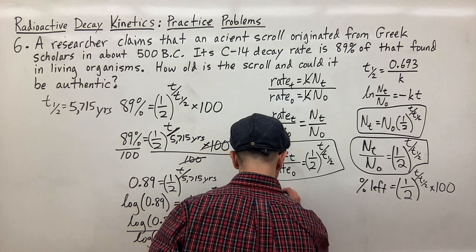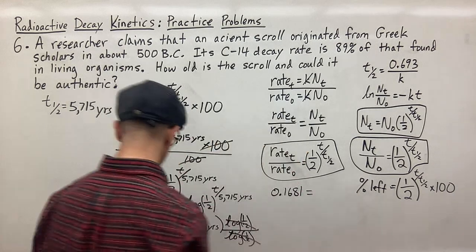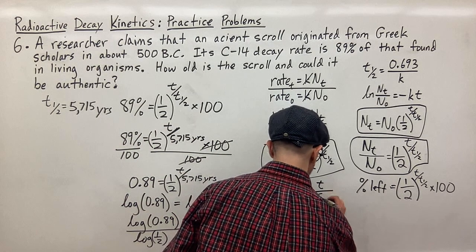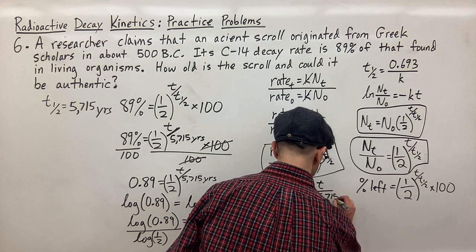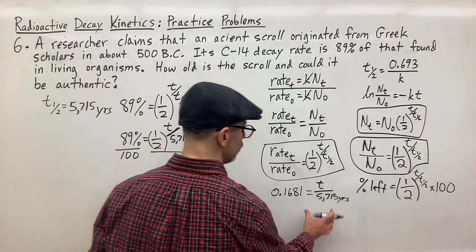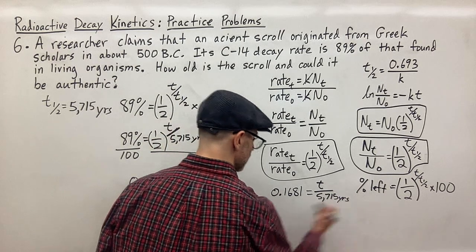So 0.1681 is equal to t over 5,715 years. So now all I need to do is multiply both sides by 5,715 years.